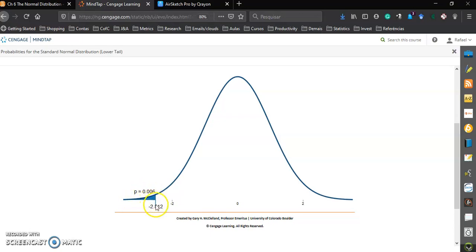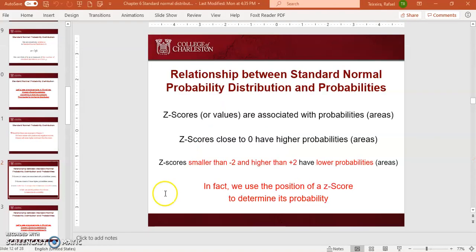The interpretation is the probability of having a number that is lower than -2.512 is very small. Okay? So if a z-score is lower than that, the probability is very low, very unlikely. That's what I'm talking about in this slide.